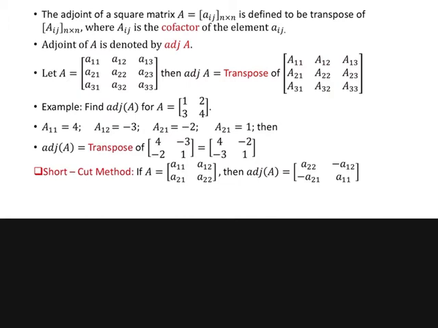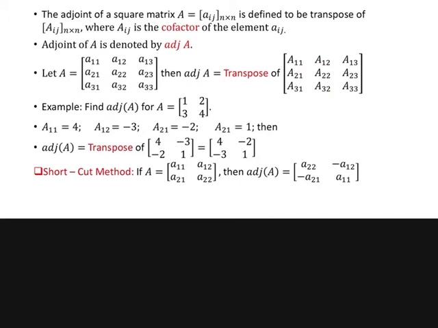Understood? Adjoint of a square matrix A, with small aij the elements of order n, is defined to be transpose of capital Aij, where Aij is the cofactor of the elements small aij.